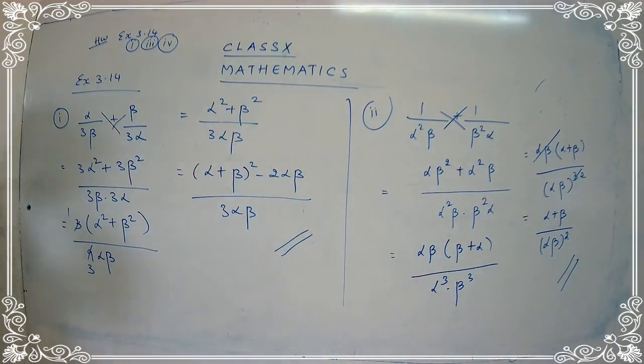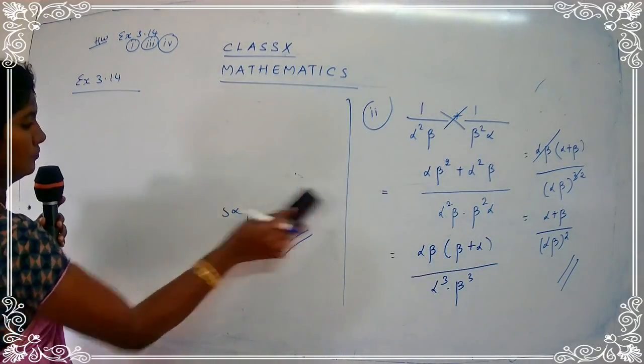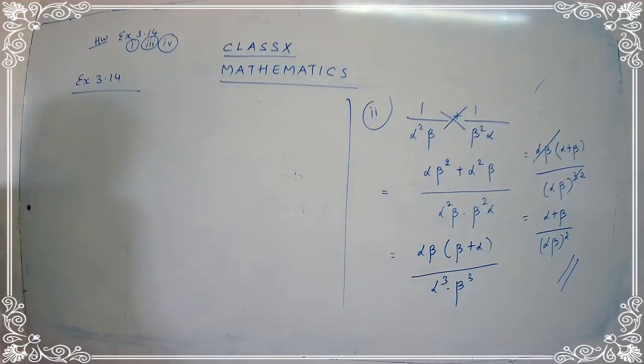Read the second question. Let's go for question number 2. What is the question given to you? The roots of the equation 2x square minus 7x plus 5 is equal to 0 are alpha and beta.